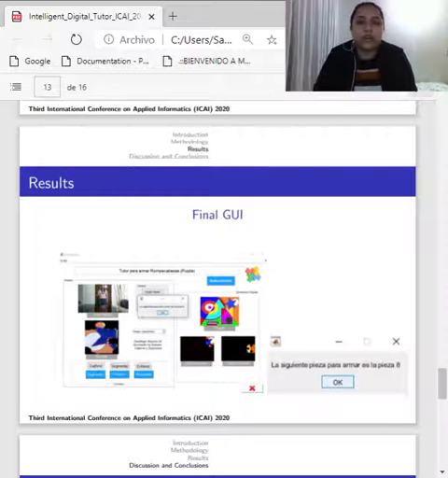The third stage takes less than 10 seconds and consists of identifying the puzzle piece with the trained neural network. And finally, the last stage takes less than 5 seconds, and it consists of generating a suggestion of assembly by means of the search algorithm.